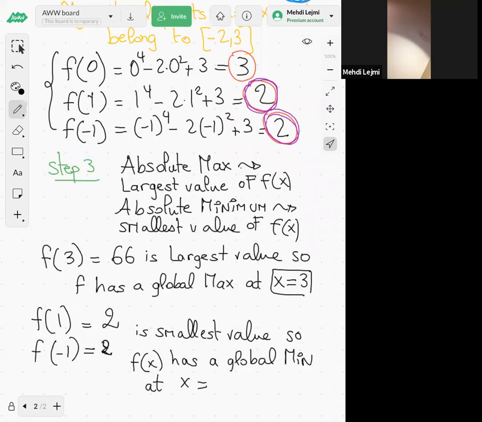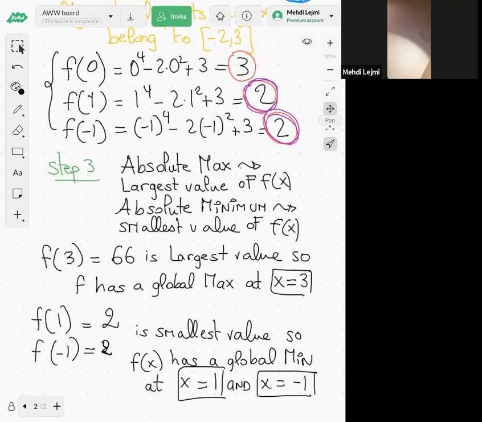So we got two global minimums at x equal to 1 and x equal to -1. All right. So that's how we find the global maximum and global minimum of a function f on a closed interval.